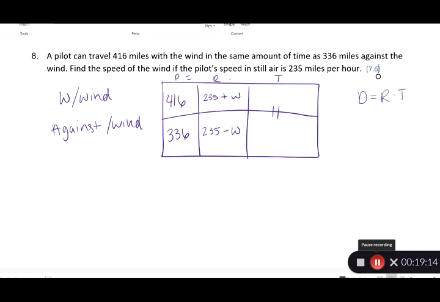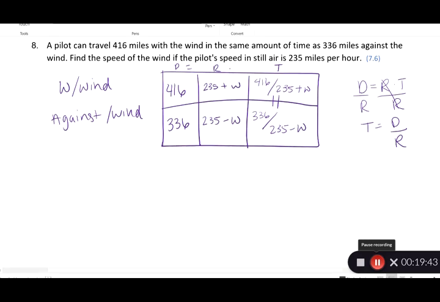Now I need my equation in form of time, so I'm going to take the original distance equals rate times time, and solve this equation for t. Divide both sides by r, so my time is equal to my distance over rate. So that's what I want to put in my time box: 416 over 235 plus w, and 336 over 235 minus w. Now I can make my equation.